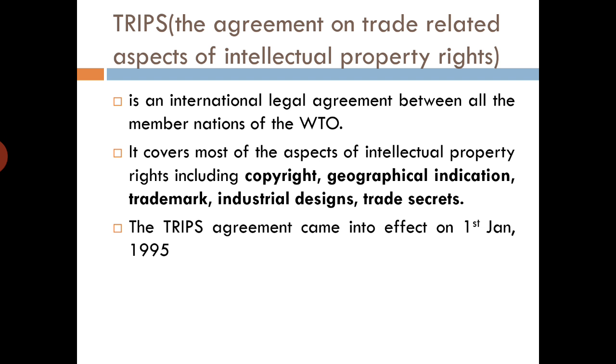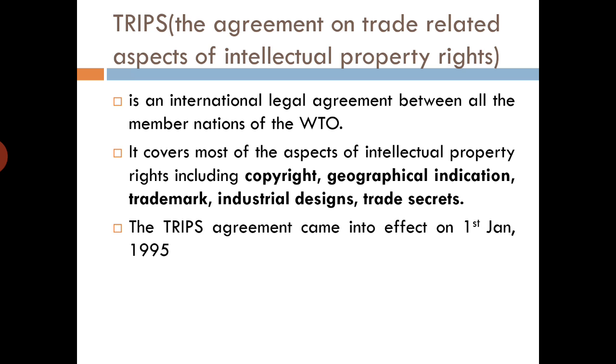When I discussed WTO formation, I told that WTO membership comes with a package of agreements. When a country becomes a member of WTO, it needs to agree to all the agreements of WTO. It cannot choose between the agreements.